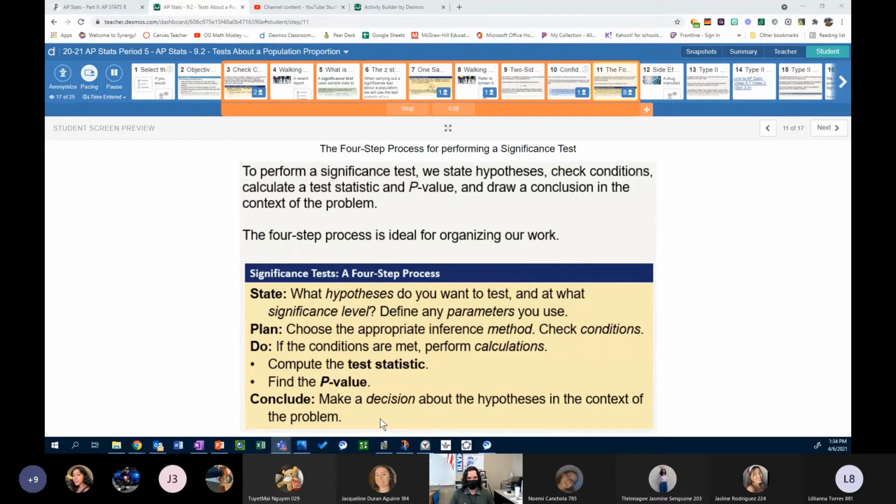You have not actually answered what's been asked. You need to tie it back in with the context. Tell me what that means in the context of the problem. So again, this is our 4-step process. Is there anything I can clarify before we move on?